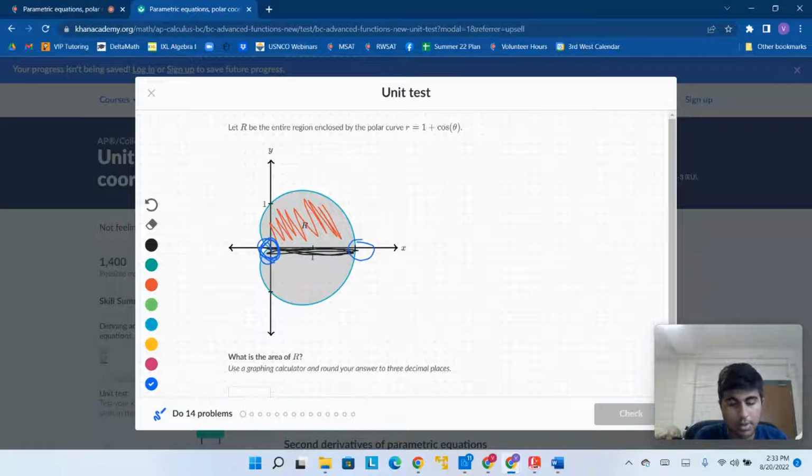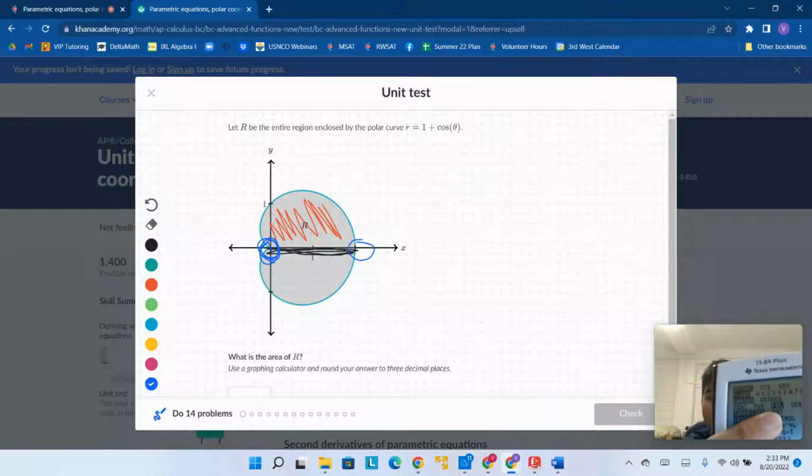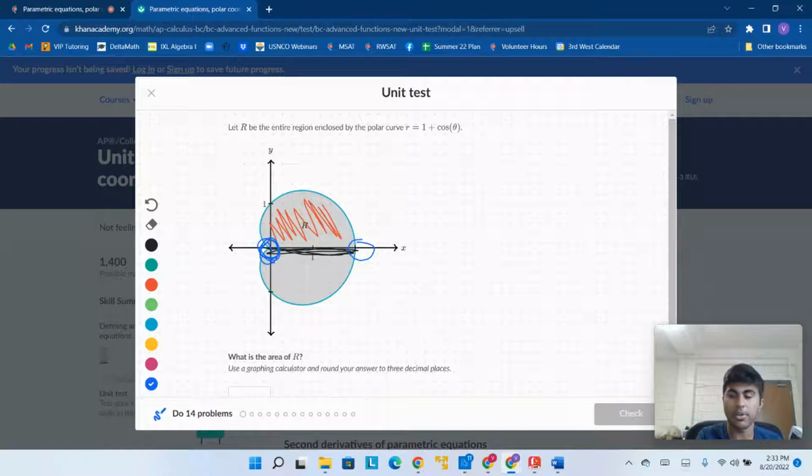First make sure you set it to polar. You see it says right there, POL. Don't leave it in function, FUNC, because it won't work there. Then you go to math, you do the integral from 0 to pi of 1 plus cosine of theta squared d theta, and then divide that by 2.